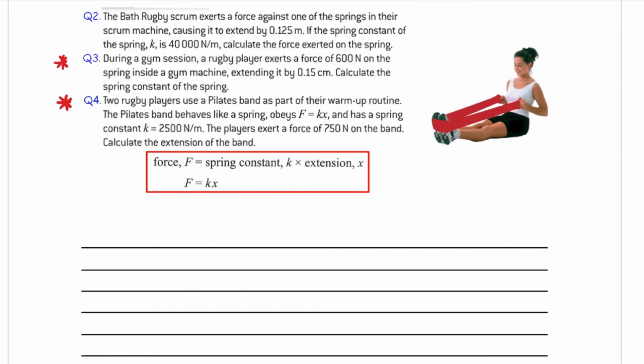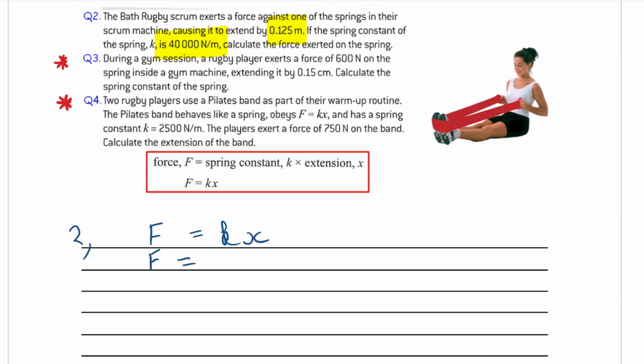So question 2, as always, highlight the important parts, which are often the numbers. It says the Bath rugby scrum exerts a force against one of the springs in the scrum machine, causing it to extend by that much. If the spring constant is that much, calculate the force exerted on the spring. We use the equation shown above.